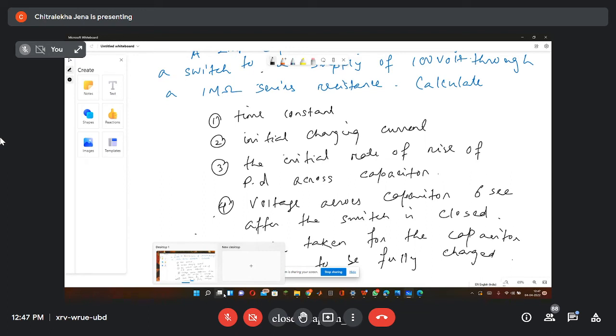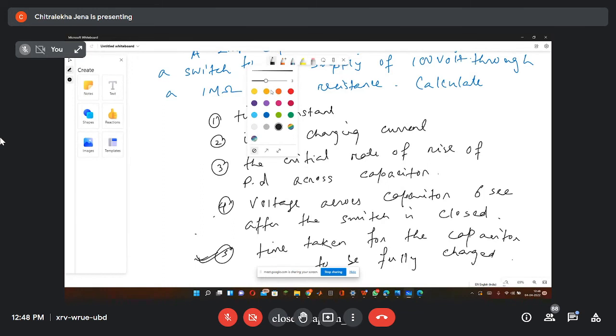Ma'am, we forgot. Okay. Anybody know? Remember that it is equal to 5 into RC, 5 into time constant. A capacitor takes 5 RC to become fully charged.